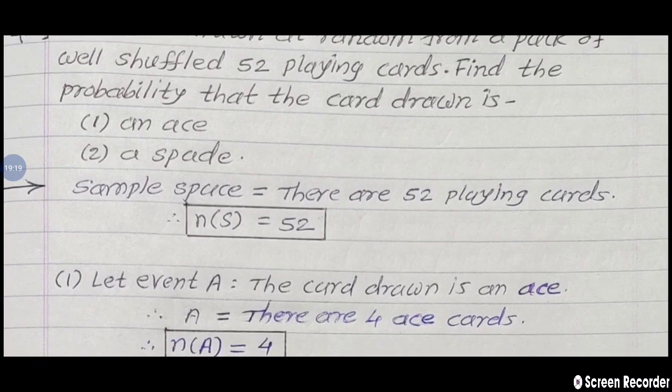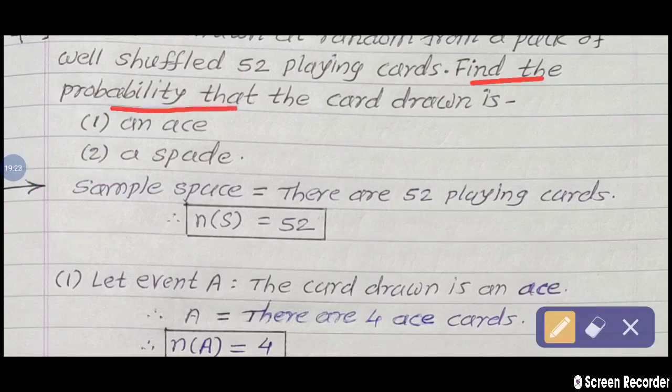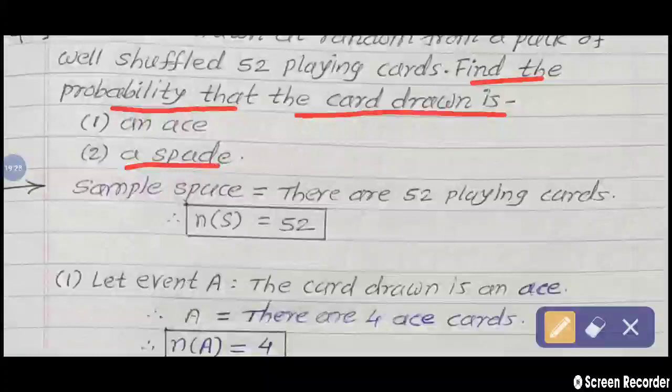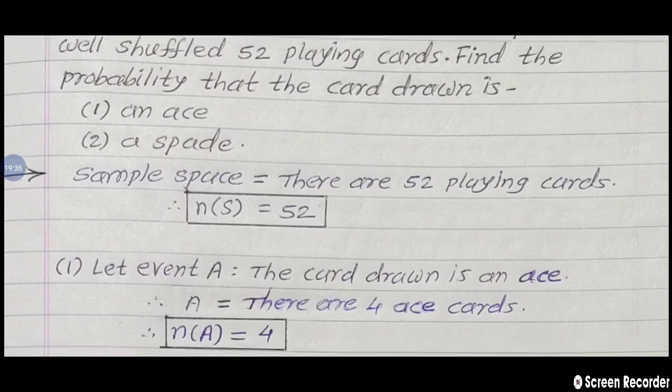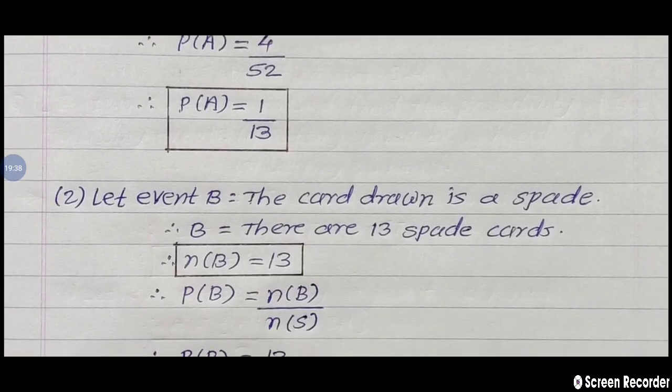One more event given for us. Find the probability. Check the question. Find the probability that the card drawn is a spade. In 52 playing cards, how many spade cards are there? Total 13. Clear? According to that event, we are writing the answer.